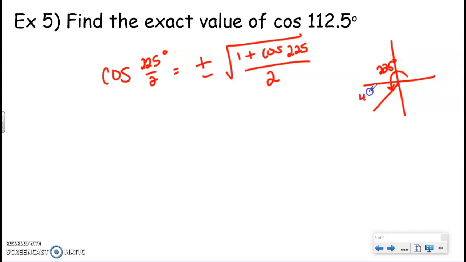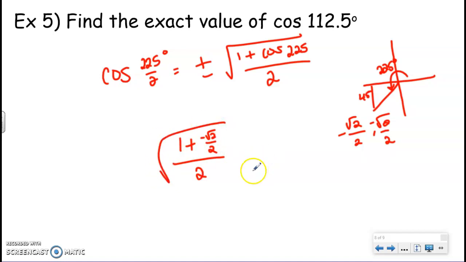You heard me do that in my head. My reference angle is 45 degrees. So when I do this, I have negative square root of 2 over 2, and negative square root of 2 over 2. So cosine is going to be my x value. So 1 plus negative square root of 2 over 2 divided by 2 inside my square root. And I'm going to simplify that by finding common denominators.